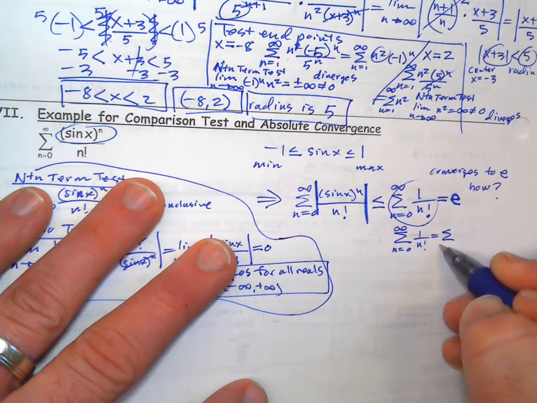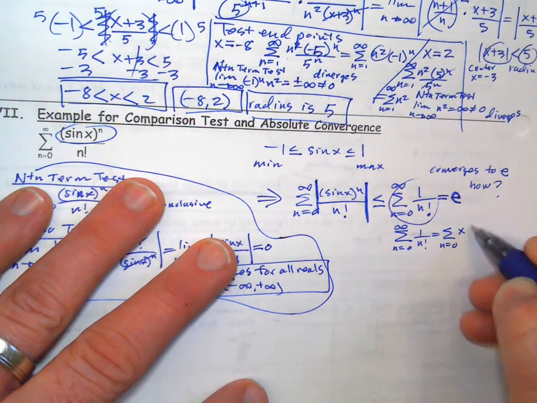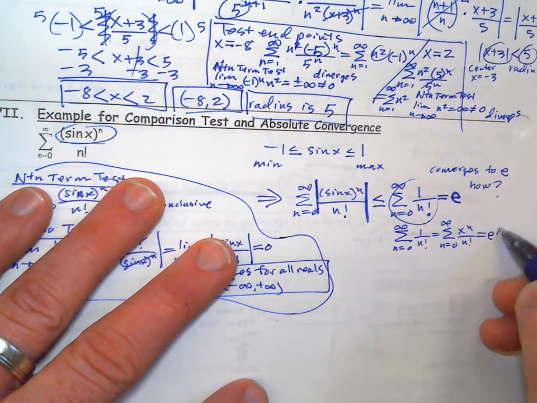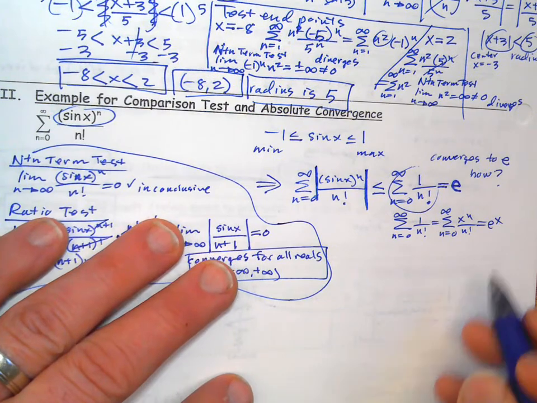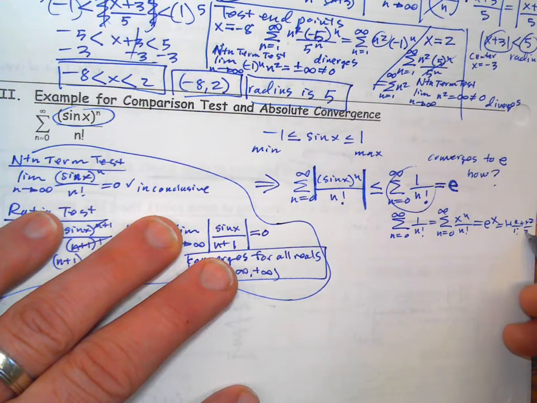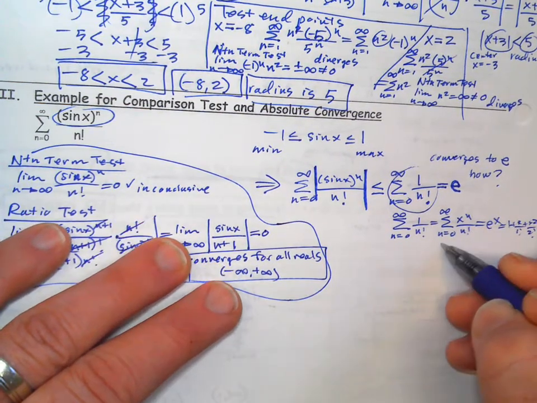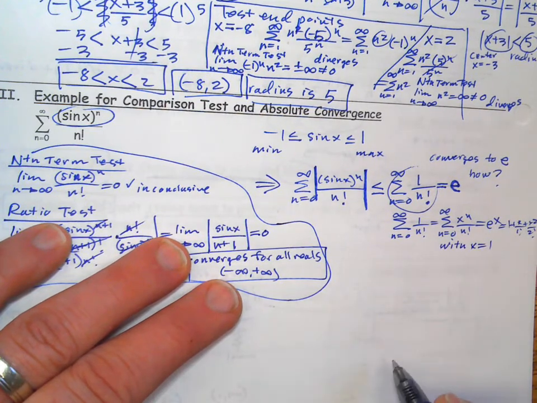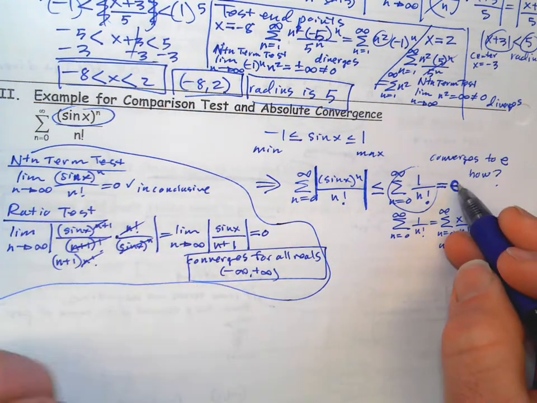It's the same thing as x to the n over n factorial, which is the power series for e to the x. If you remember that pattern, right? e to the x equals 1 plus x over 1 factorial plus x squared over 2 factorial, right? That's what this would give you. And ours is that with x equal to 1. So that's how I know this equals e.